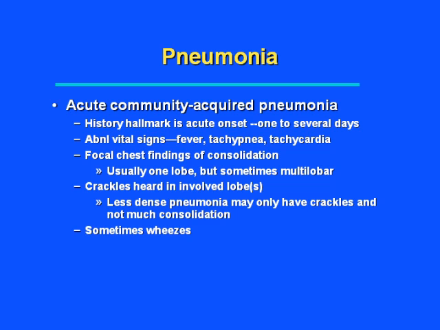But acute community-acquired pneumonia, remember that the hallmark of this disease is that it's acute onset. So this is an acute disease. It may occur as briefly over just a few hours of symptoms, but more usually over a day or several days. These patients have abnormal vital signs, fever, tachypnea, tachycardia, although again, you'll begin to recognize that in some patients, particularly elderly patients, the signs may be quite blunted.